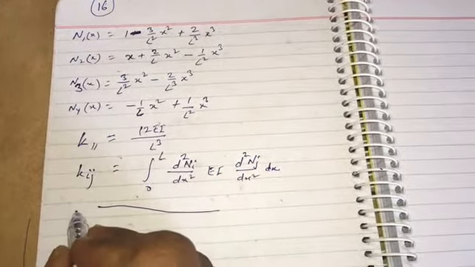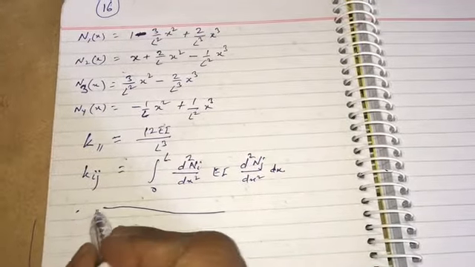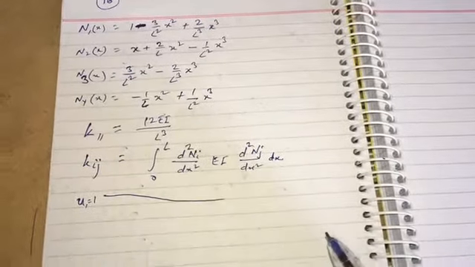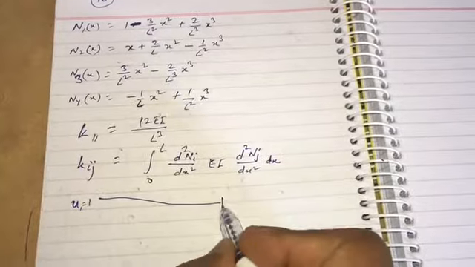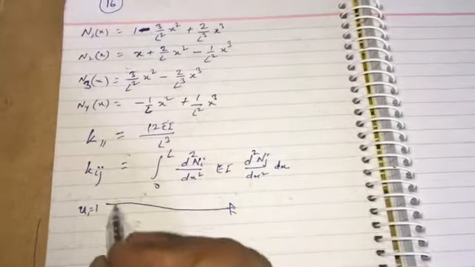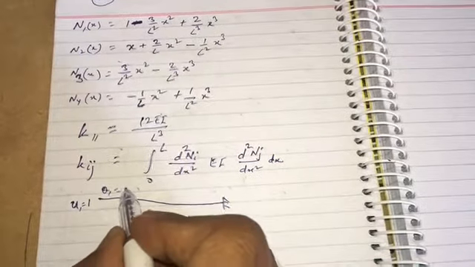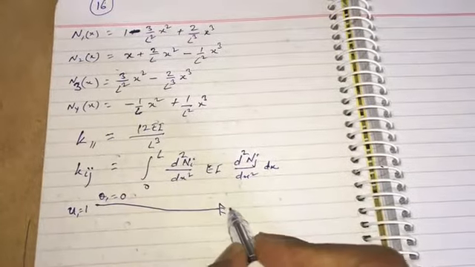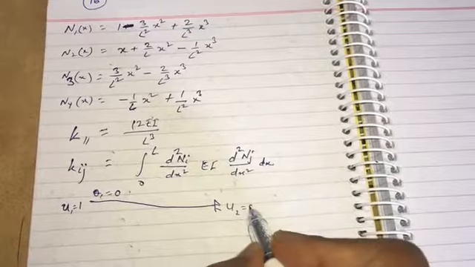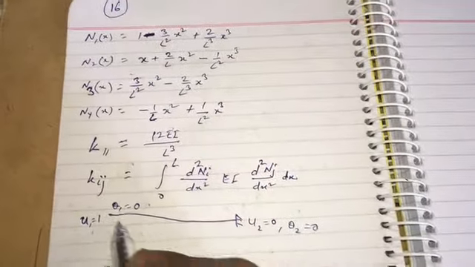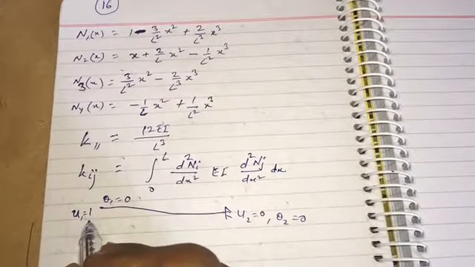How much displacement? u1 equal to 1, and all other places you are fixing. So theta 1 is equal to 0, u2 equal to 0, theta 2 equal to 0, and only u1 equal to 1.